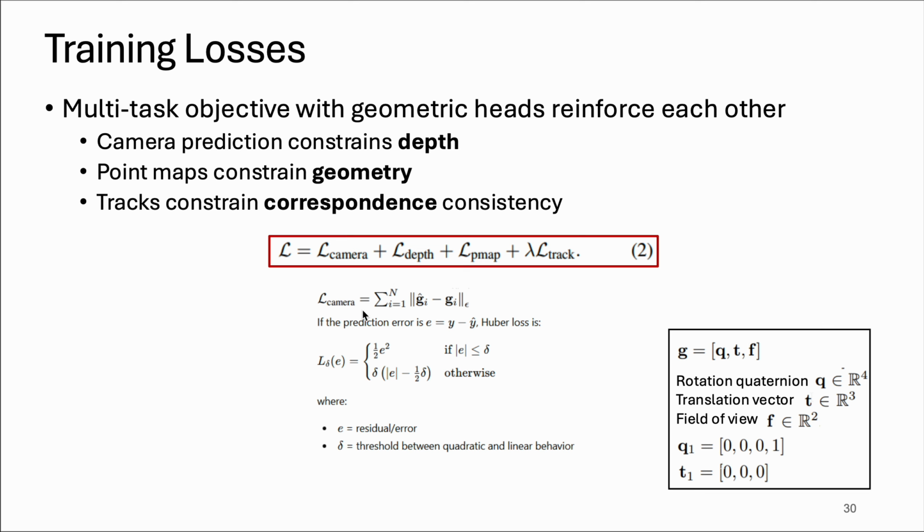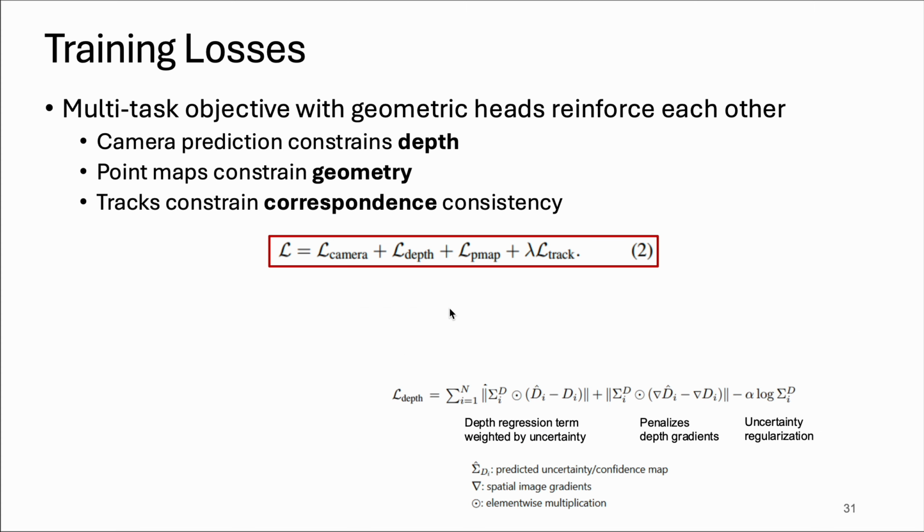The first term is the camera loss. It's the difference between the predicted camera parameter and the ground truth camera parameter. Then they use Huber loss and sum them up. So it's a pretty straightforward difference of the camera parameter prediction.